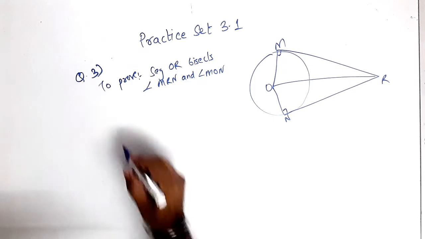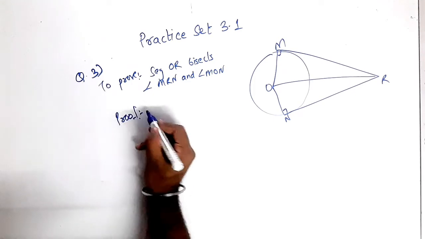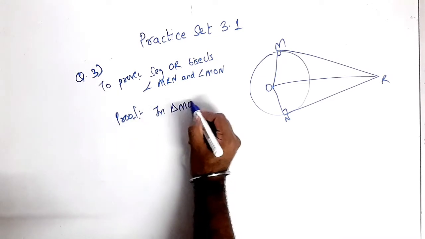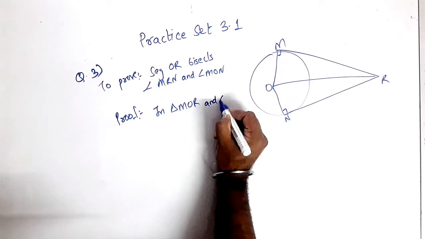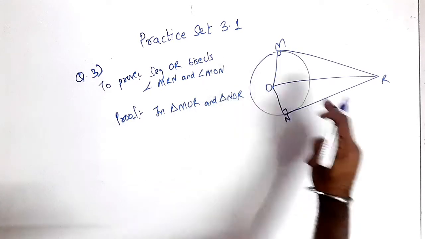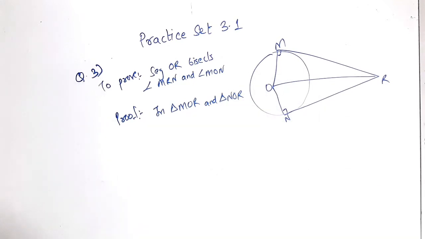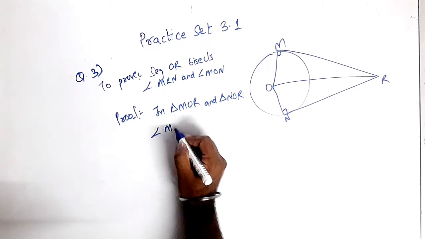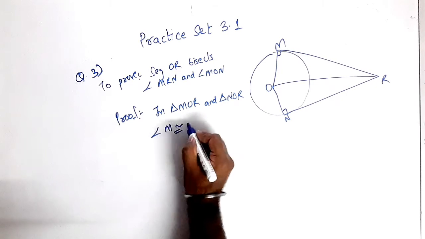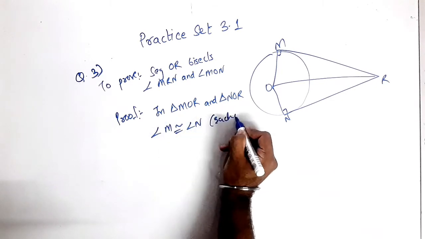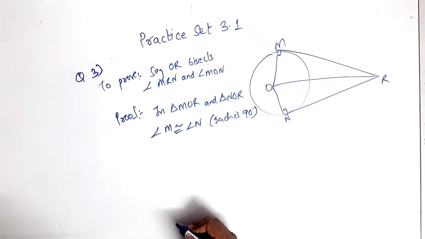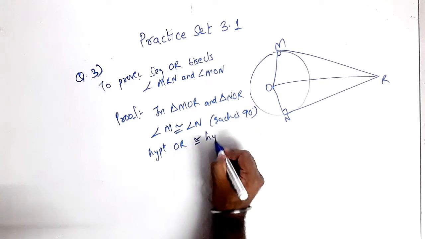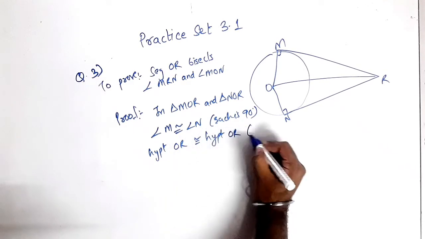Okay, so proof. In triangle MOR and triangle NOR, angle M is congruent to angle N, each is 90 degrees. Hypotenuse OR is congruent to hypotenuse OR, I can write this common side.